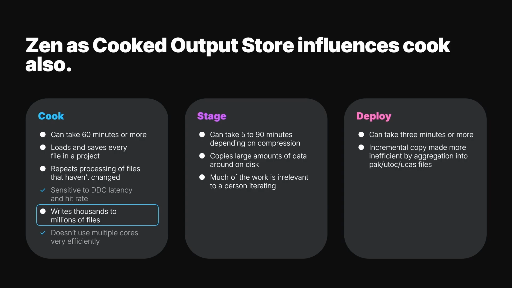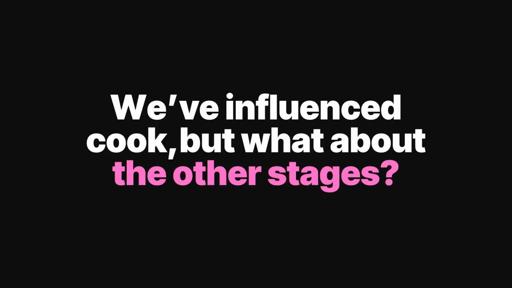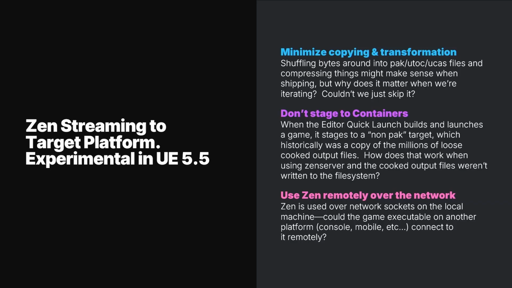Okay, so Zen's cooked output store addresses this single line item of writing thousands to millions of files as part of the cook phase. Okay, not huge in and of itself. We've influenced the cook. What about other stages?